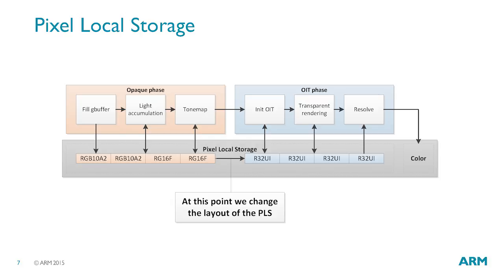You do your regular deferred shading with light accumulation and resolve, and then you do your transparency rendering afterwards using PLS as an OIT storage. This works out very efficiently compared to conventional immediate mode renderers, where this would basically not be possible without using a lot of memory bandwidth.